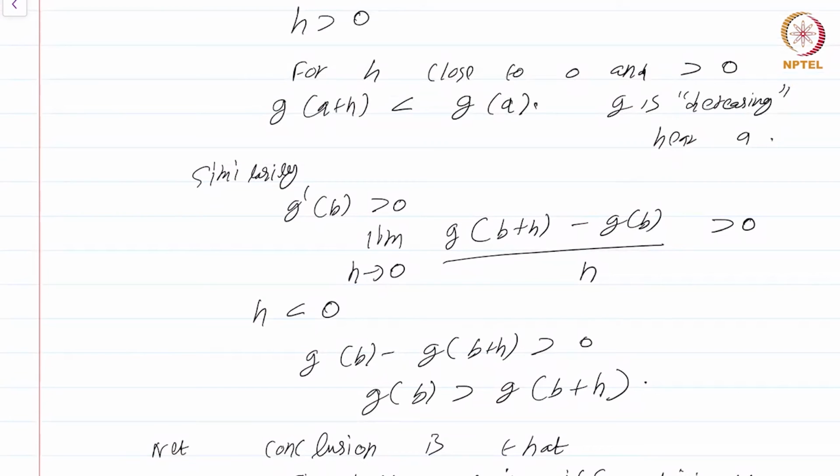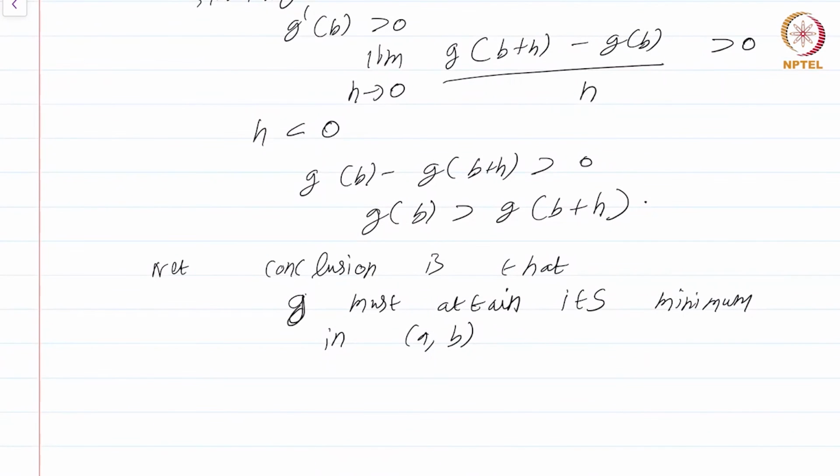Why is that? Well, because we have found that near the point a, there is a point a plus h such that g of a plus h is less than g of a, and near the point b, we have found a point such that g of b is greater than g of b plus h. So both put together says that neither g of a nor g of b can be the minimum of the function g. So g must attain its minimum in (a, b).